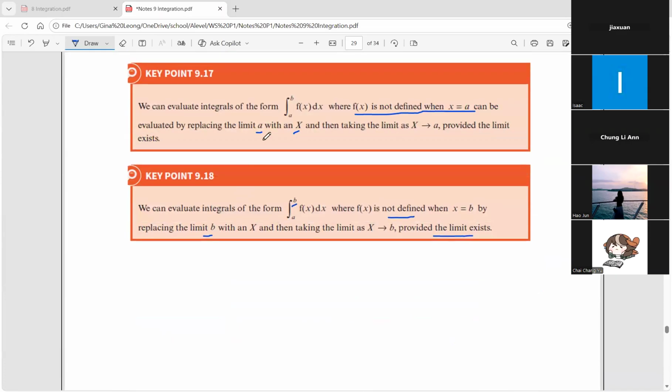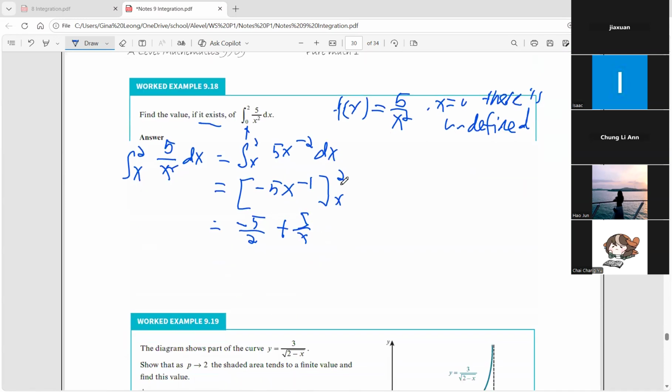We continue here, going back to the theory. He said to replace the limit a with an x, and then take the limit as x approaches a. So what I have to do is take the limit as x approaches 0, because my a value now is 0. Then I try to settle 5 over 0.